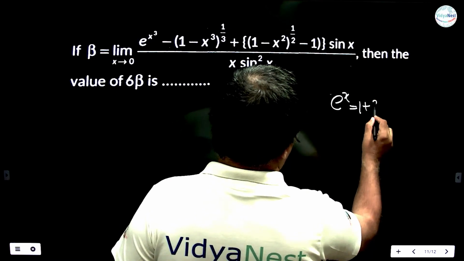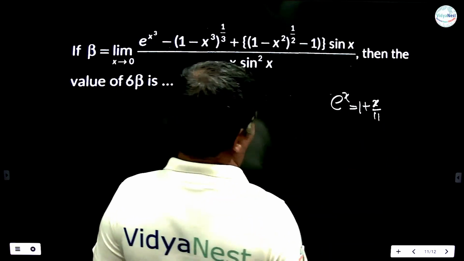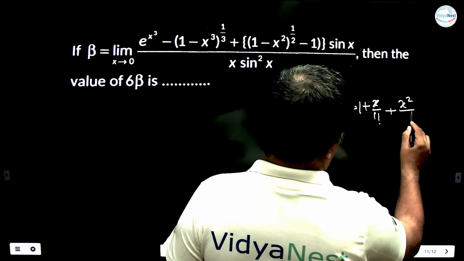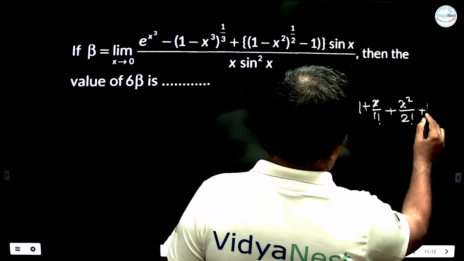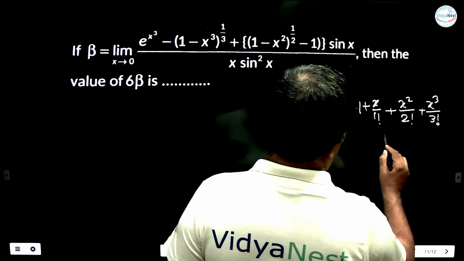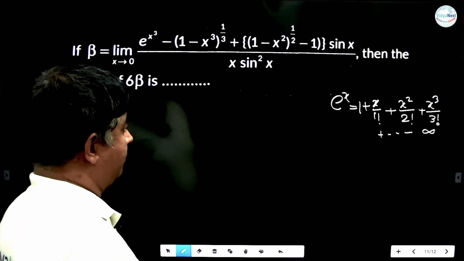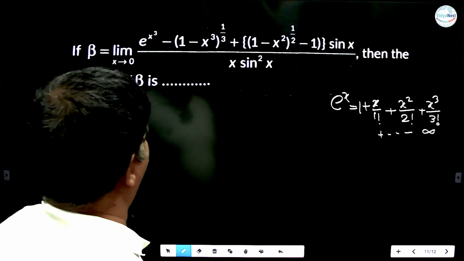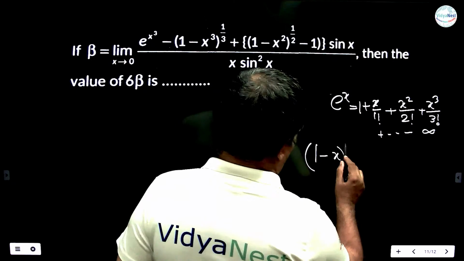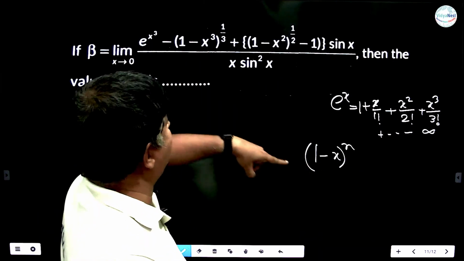The expansion is x by factorial 1 plus x square by factorial 2 up to infinity, and 1 minus x whole to the power n, where you are getting the semblance of this formula, this expansion.